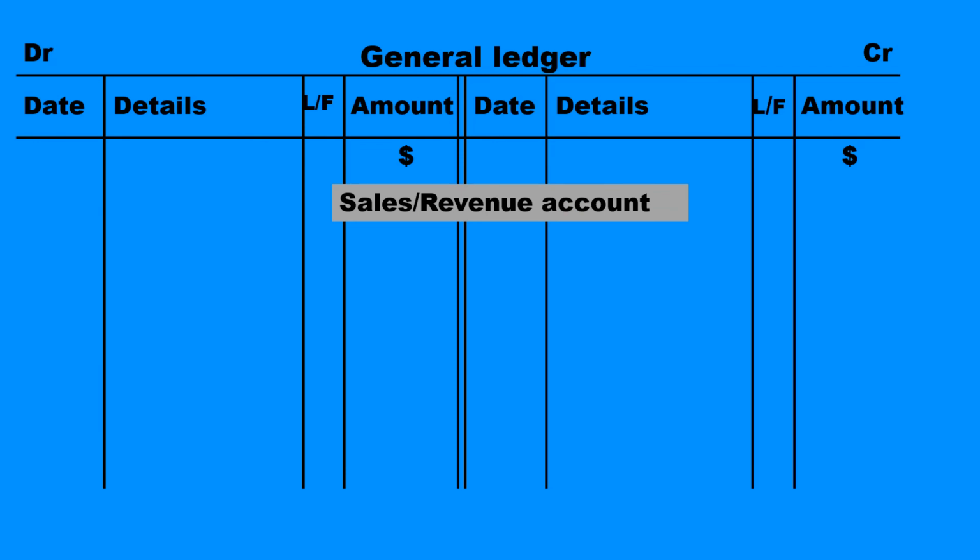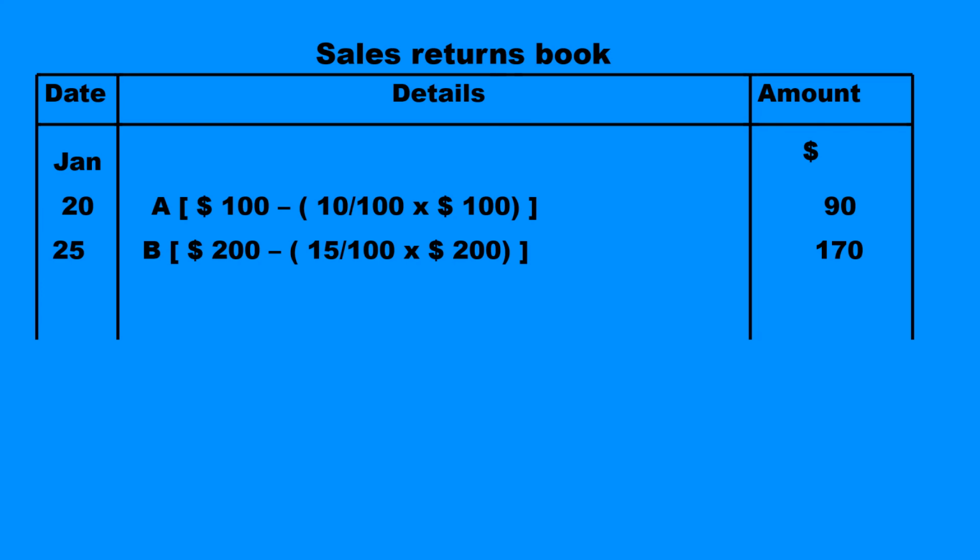In the general ledger, we're going to have the sales or revenue account, and we learned at the beginning in grade 10 that whether we sell goods for cash or on credit, the sales account always has to be credited. Which implies on the credit side, total credit sales for January 2,600. The same thing applies for sales returns.